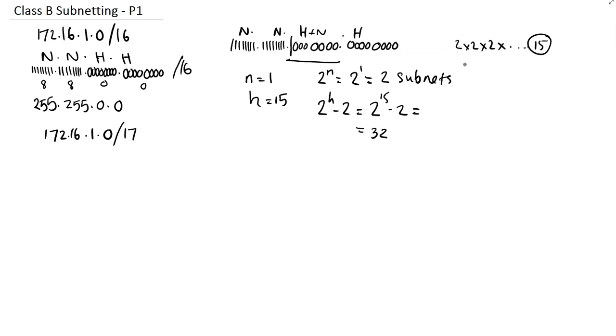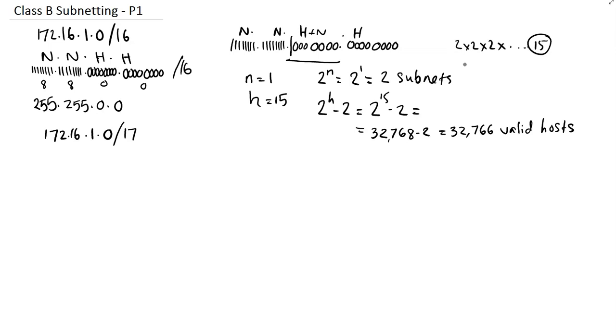So 32,768 minus 2 will give you 32,766 valid hosts. So if you compare with the classful original class C, which would give you 254, from the block size of 256, you had the 2 subtracted, 1 for network, 1 for broadcast, that gives you 254.